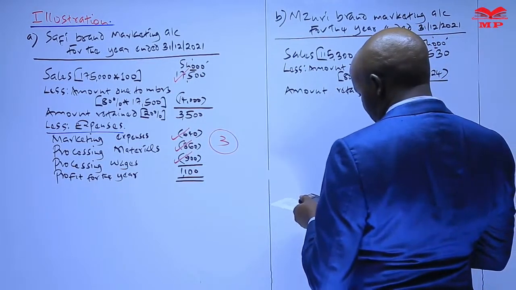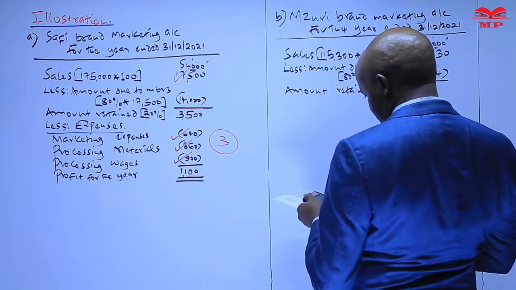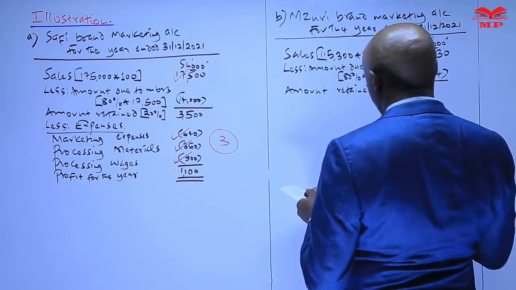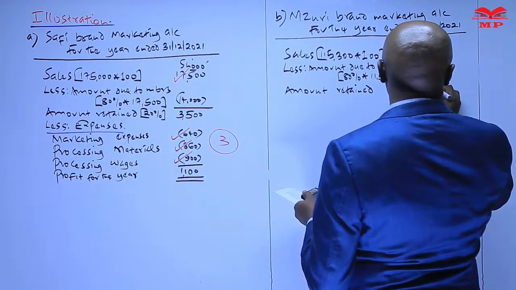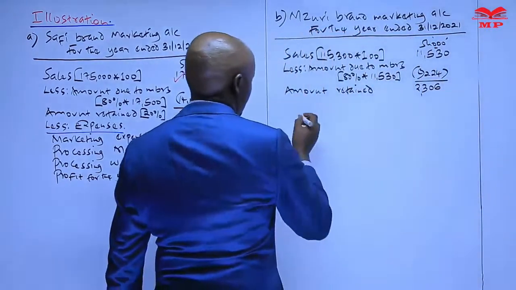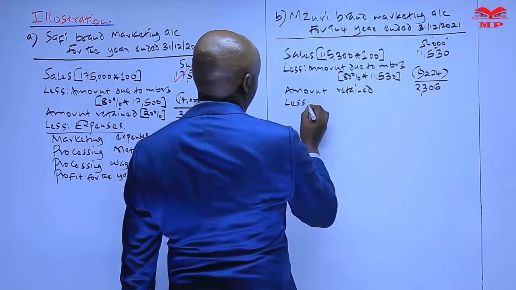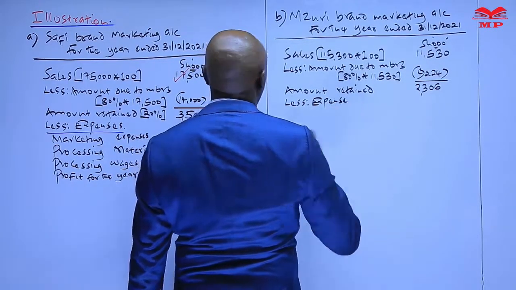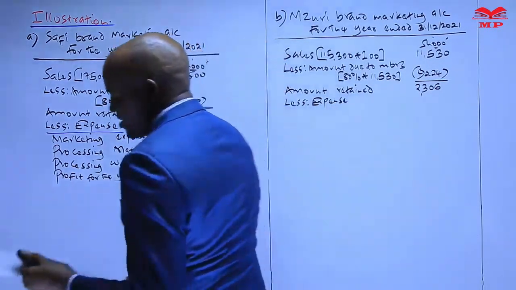And then how much amount was retained here? We deduct that from 11,530, which will give us 23.06. So this is the amount which was retained by the cooperative society and which was supposed then to cater for the expenses associated with marketing and selling this coffee brand.